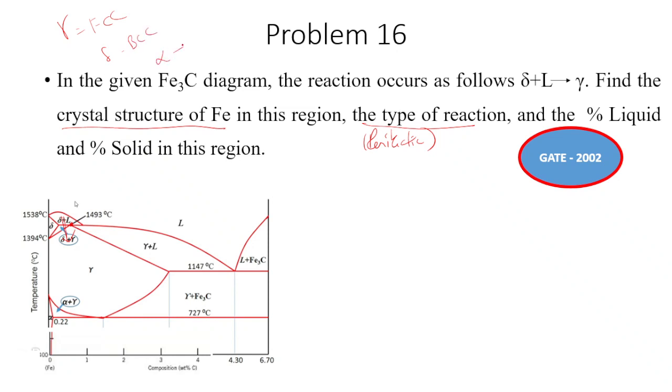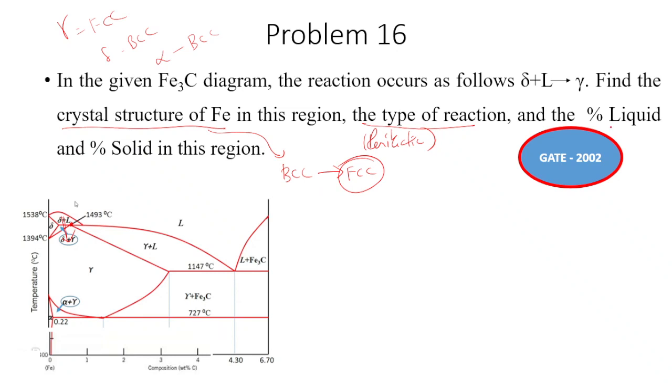In alpha, it is BCC again. So in this case, from delta, which is BCC, it is becoming gamma, which is FCC. So we'll be having FCC in this region.